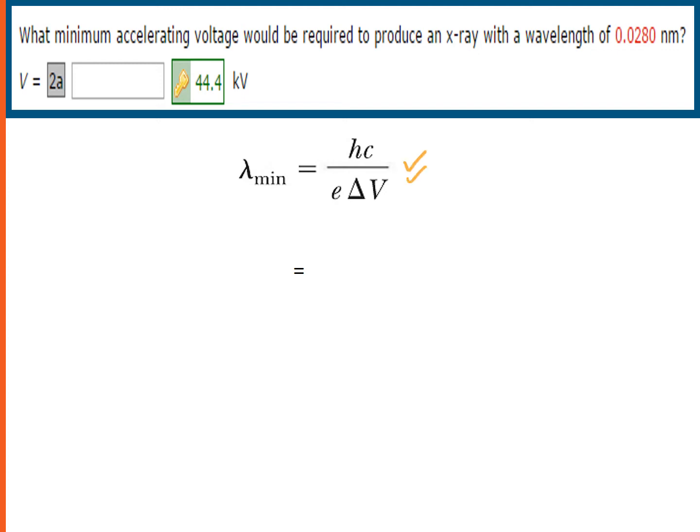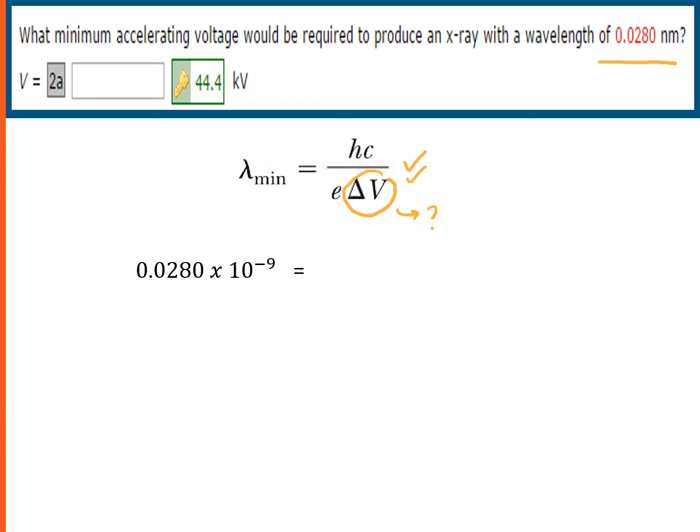So this is something that we are going to solve for. Now let's substitute our values, and we can simply solve for delta V. We have the minimum wavelength, which is given to be 0.0280 nanometers.